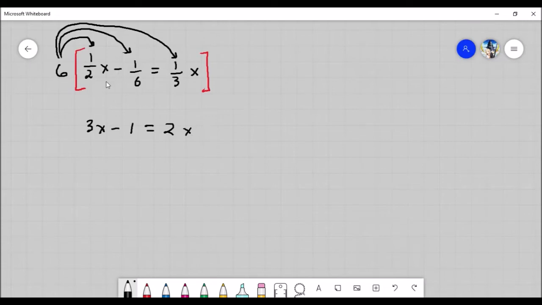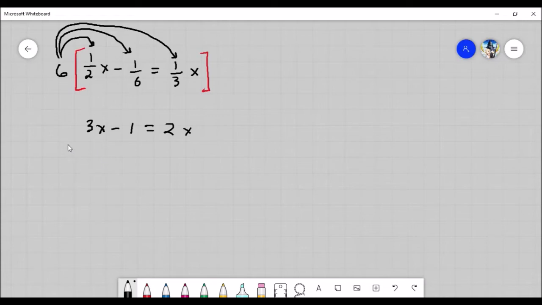So in order to do that, I need to do the opposite operation of what it is already. So the operation that it is on the left side is a positive 3x, or plus 3x. So in order to move it to the opposite side of the equation, I got to do its opposite sign, or opposite operation.